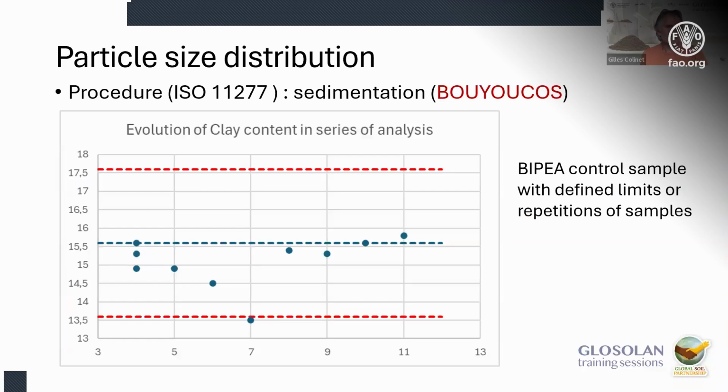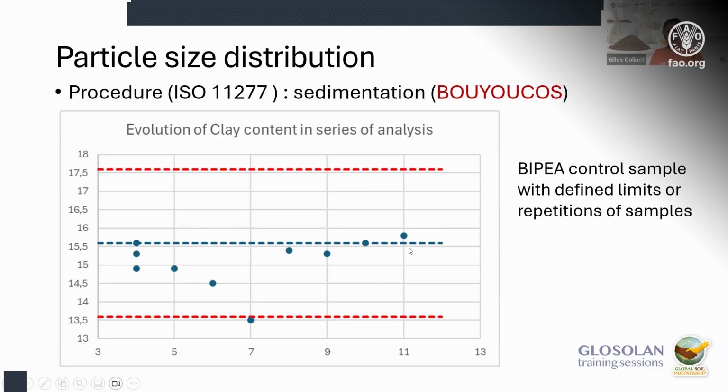Regarding the quality of what we can measure with the sedimentation, in every series, we put a control sample. And here you have the value of the control sample. This is a control that has been certified by the BPA. And so we know that there is a target value here.